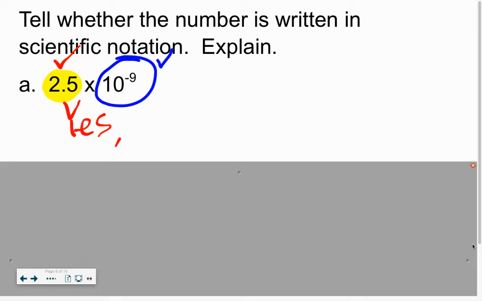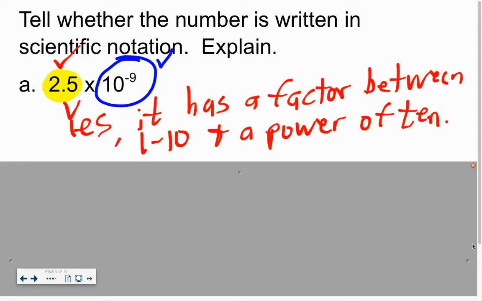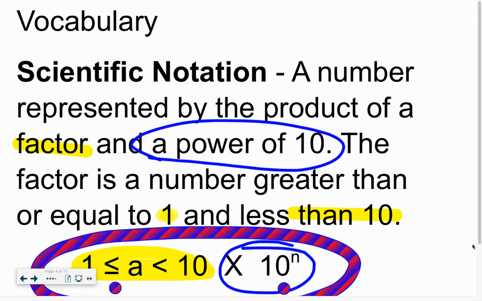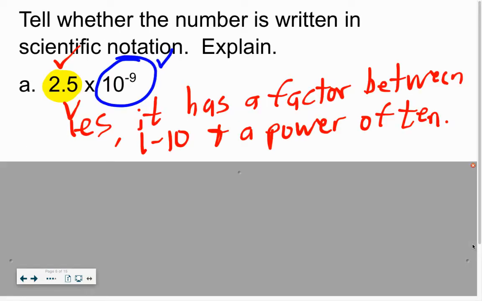And now since it says to explain, tell all the numbers written in scientific notation, just tell me those two things. It has a factor between 1 and 10 and a power of 10, or just explain it like our definition talked about. It needs to have that factor that's equal to 1 and less than 10 and a power of 10. So this is not the only way to phrase it, but one of our answers.